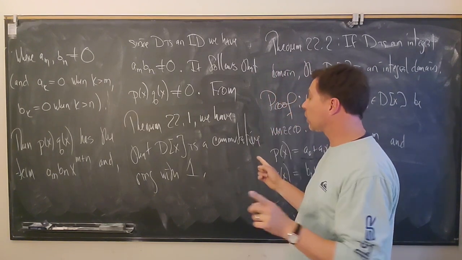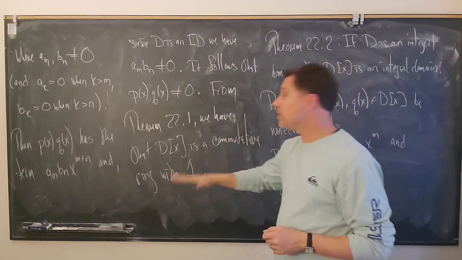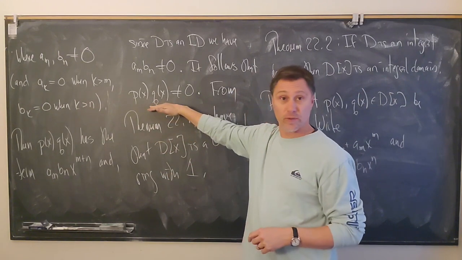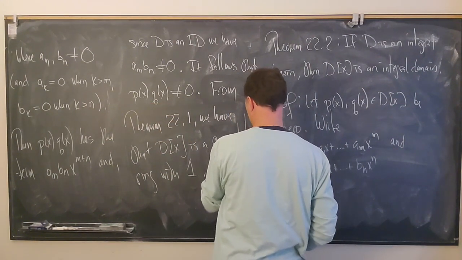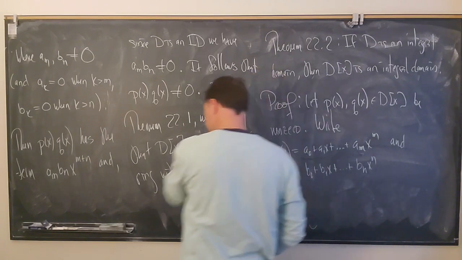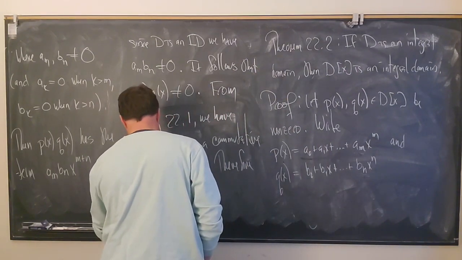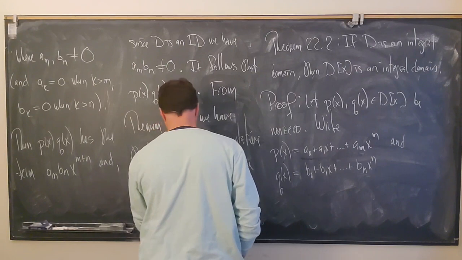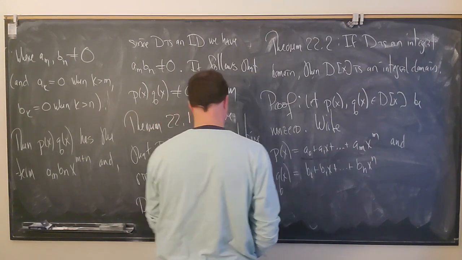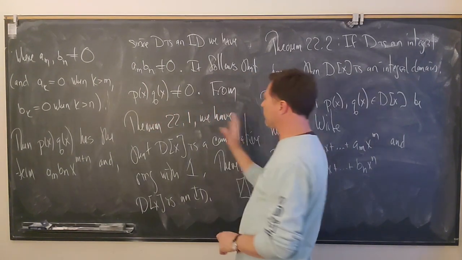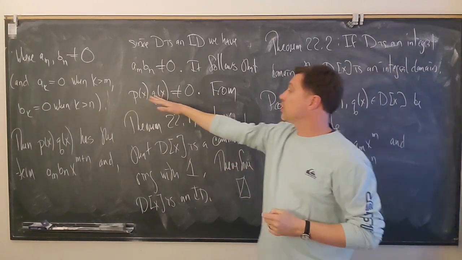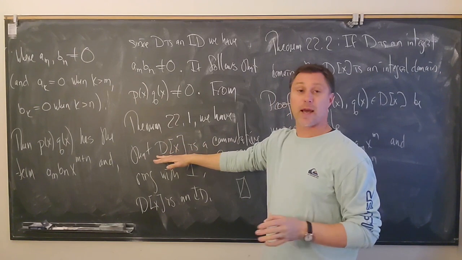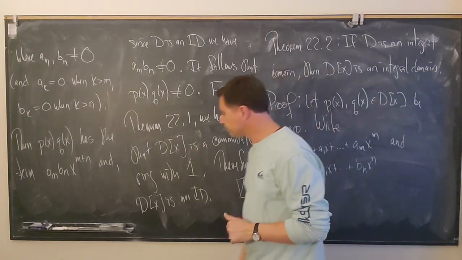Remember, an integral domain is a commutative ring with unity and no zero divisors. So therefore, D bracket x is an integral domain. Sorry, I just wanted to insert that last sentence to be complete. Remember, we showed that there are no zero divisors. We needed to also point out we have a commutative ring with unity.